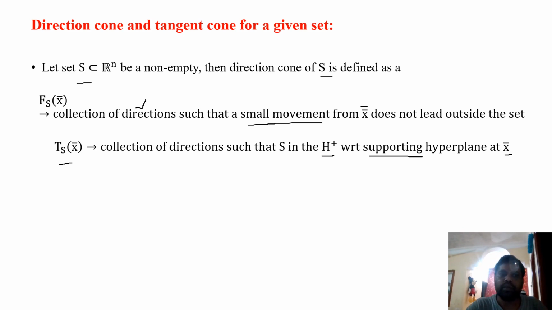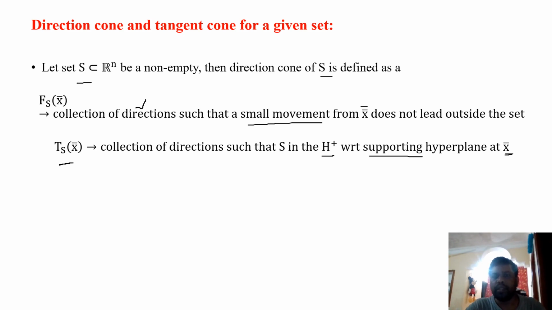This is the difference between the tangent cone and the dual cone. In the dual cone, the reference point is the origin, and you just go to the given convex set itself. Here your reference point has been changed. It is now a boundary point of the given set. So we define the tangent cone as a dual cone where the reference point happens to be a boundary point of the given set.